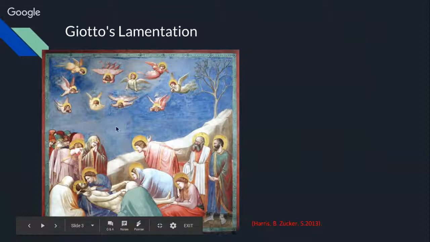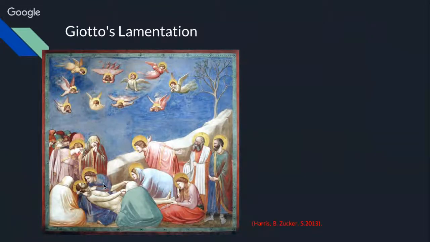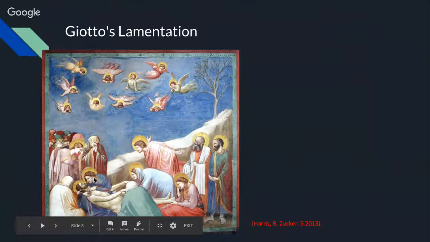Giotto did such a great job with this painting because it takes you back to the birth of Jesus Christ, when Mary was holding him and swaddling him, and that started their relationship and their closeness. For Giotto to have that same significance in this painting is a very important piece.